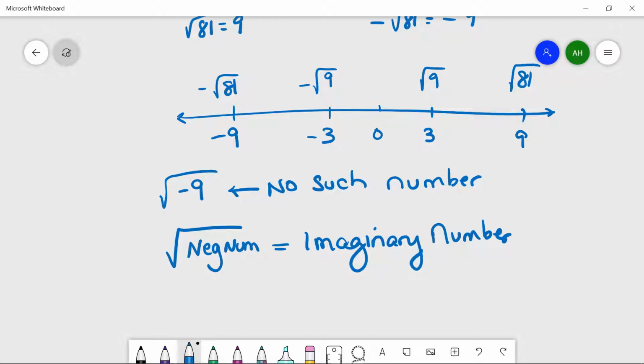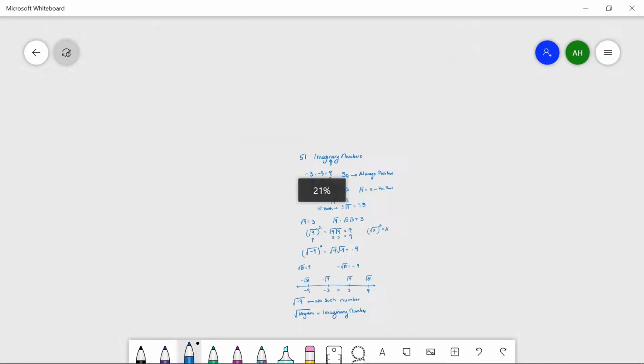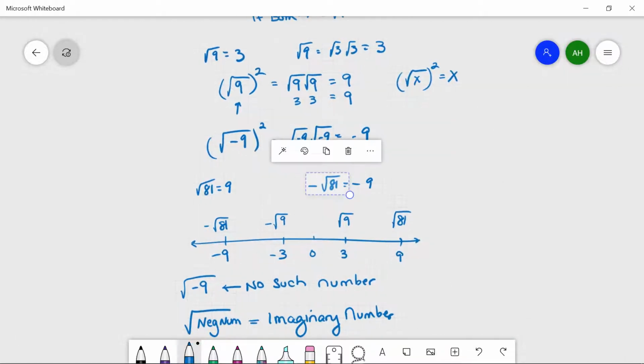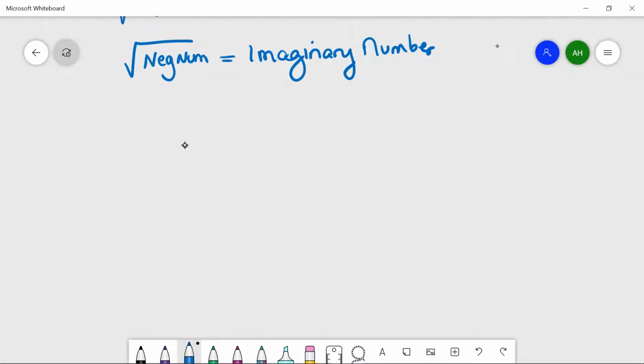So now I'm looking down. If you look further there in chapter 51, this is going to be 51b, the product of square roots theorem. It says if m and n are real numbers and one is a positive number or both are positive numbers, then the square root of m times the square root of n equals the square root of mn.